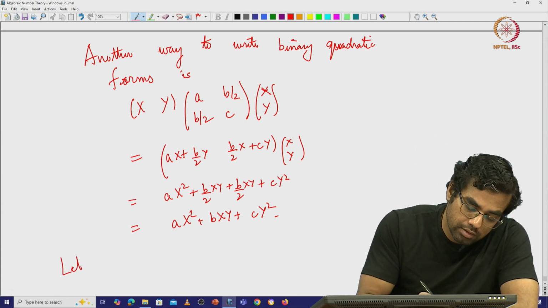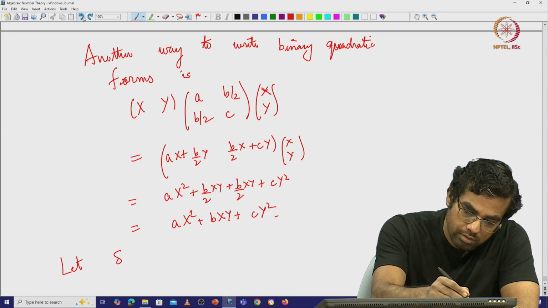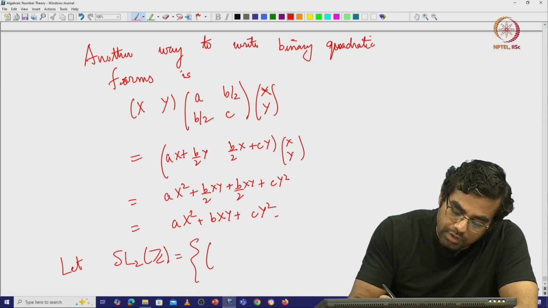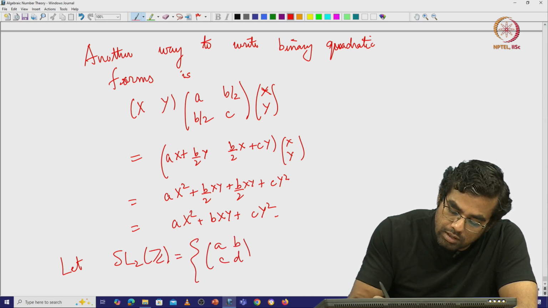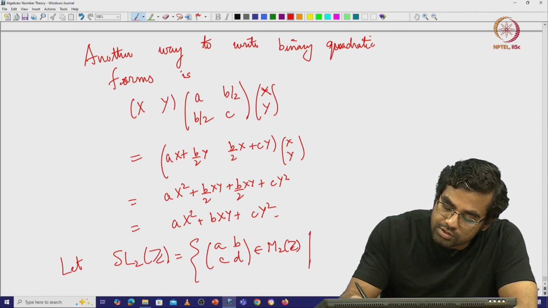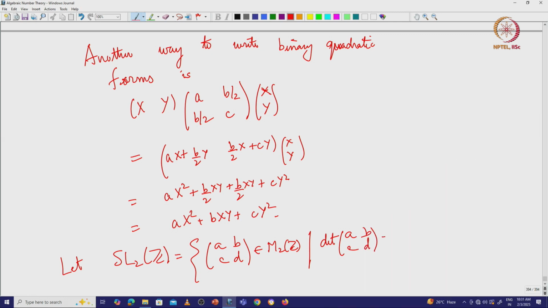Let SL2(Z) be the set of all (a, b, c, d) in M2(Z) such that the determinant, which is ad minus bc, is equal to 1. So the determinant is exactly 1.